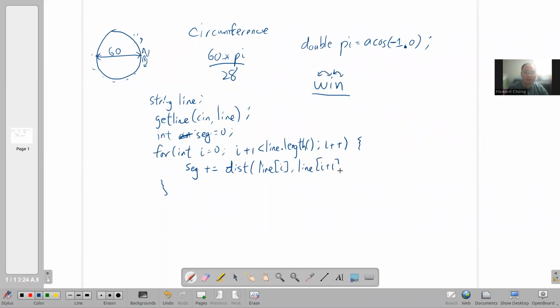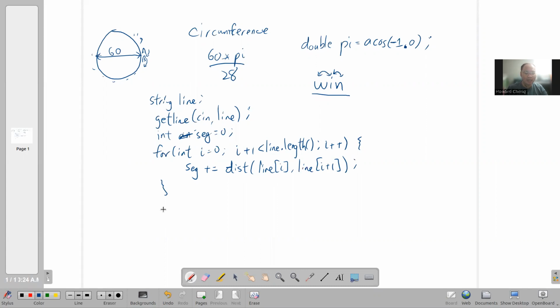So somehow that is going to tell me, from W to I, how many of these 28 parts of the circumference I have to go from line i to line i plus 1.